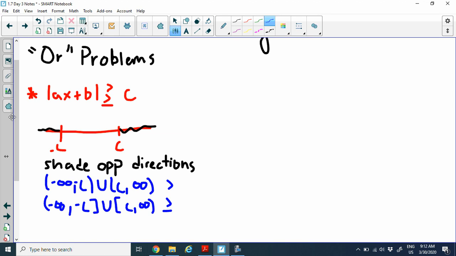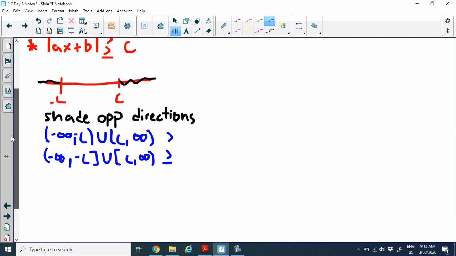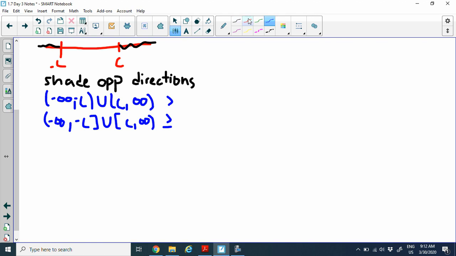So now let's talk about when our c value is negative. So make sure if you need to pause this to write it down because I'm going too fast, make sure you do that. Okay, so now let's say we have the negative c value, and it's still an or problem. So we have the absolute value of ax plus b is greater than or equal to a negative c.